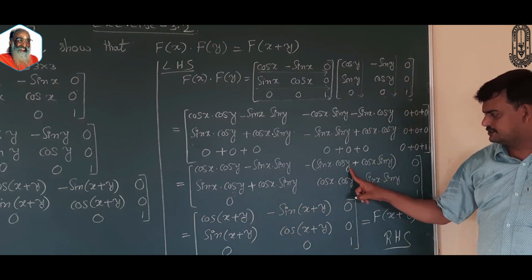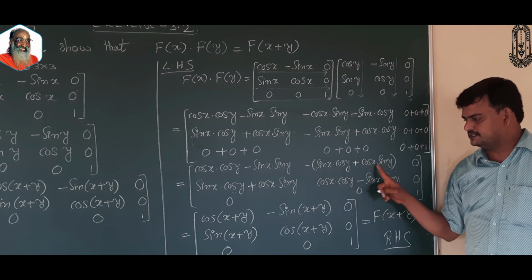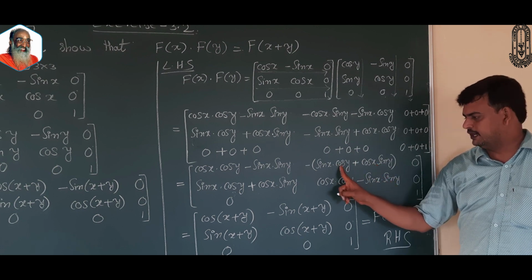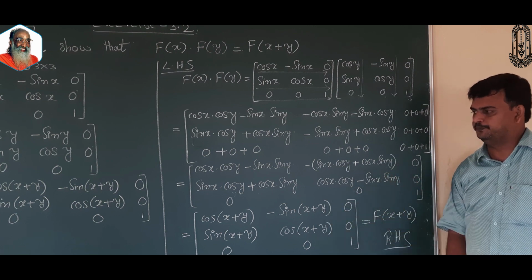Sin x cos y plus cos x sin y is just like sin a cos b plus cos a sin b. It is the formula for sin a plus b. So I can write it as minus sin x plus y and 0.